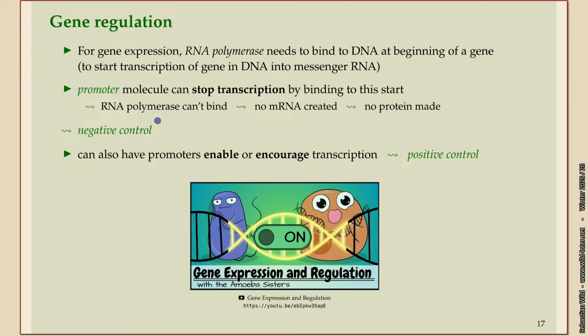And if you block that kind of electromagnetic starting position by putting something else there, another molecule, then that translation is not happening. Or if you make that starting region more attractive by helping it attract polymerase with other molecules, you can actually generate more of the protein. And that's what this gene regulation in the simplest case is about.